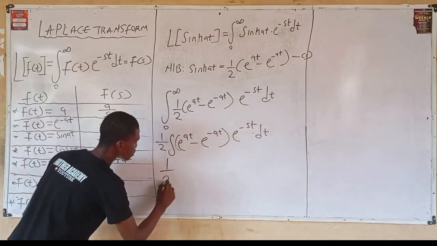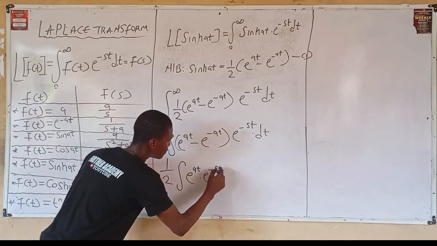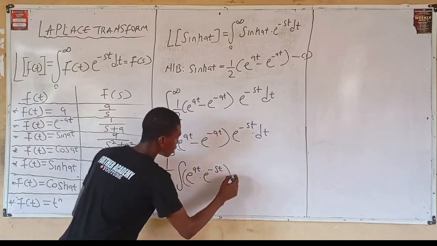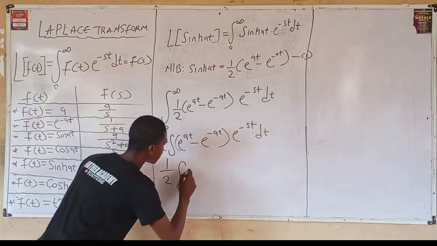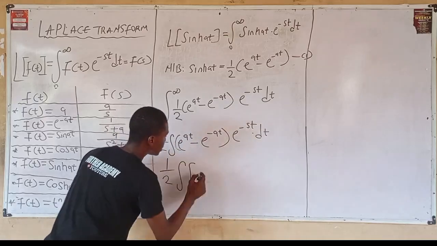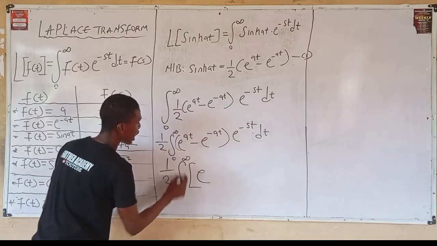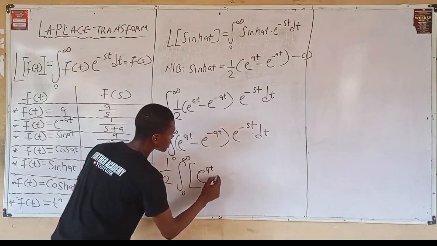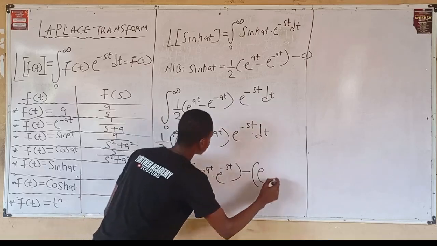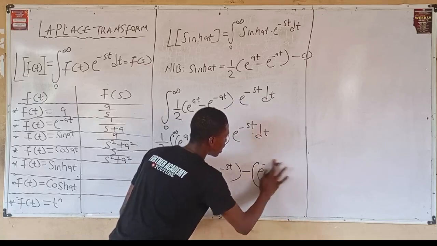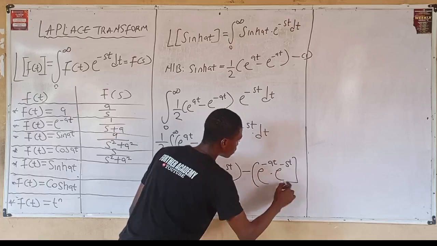It becomes 1 over 2 integral of exponential at multiplying exponential negative st, minus all into bracket exponential negative at multiplying exponential negative st.